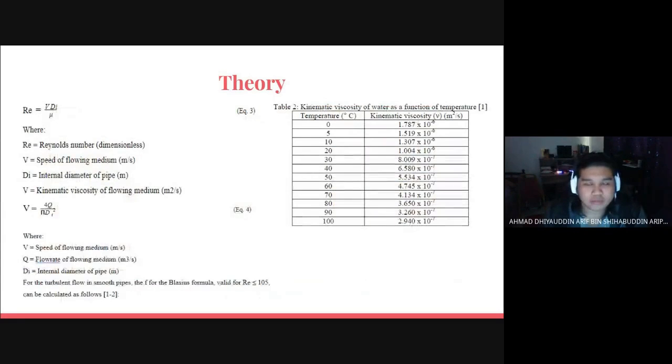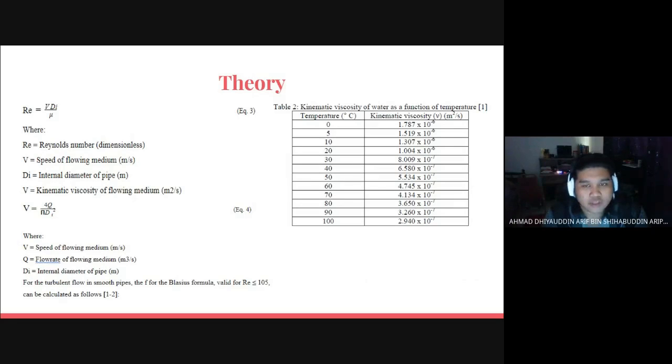For the Reynolds number, we can calculate using VDi over mu, where V is the speed of the flowing medium in meters per second, Di is the internal diameter of the pipe, and mu is the kinematic viscosity of the flowing medium in meters squared per second.